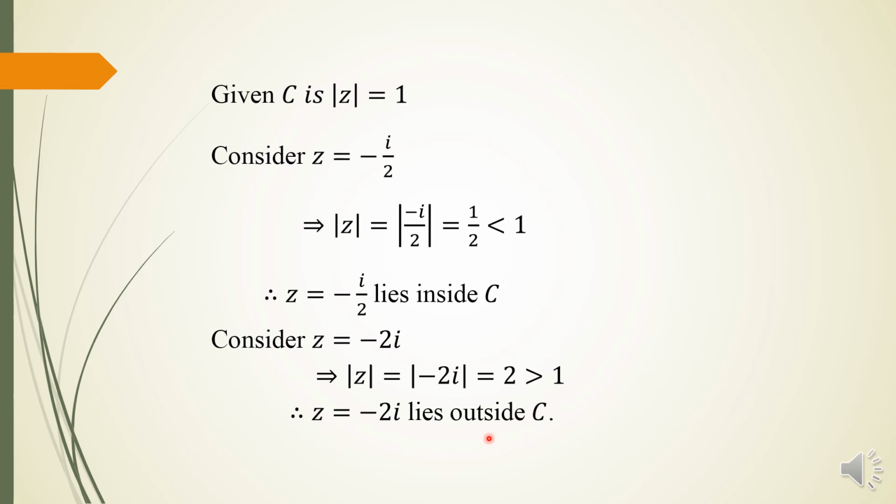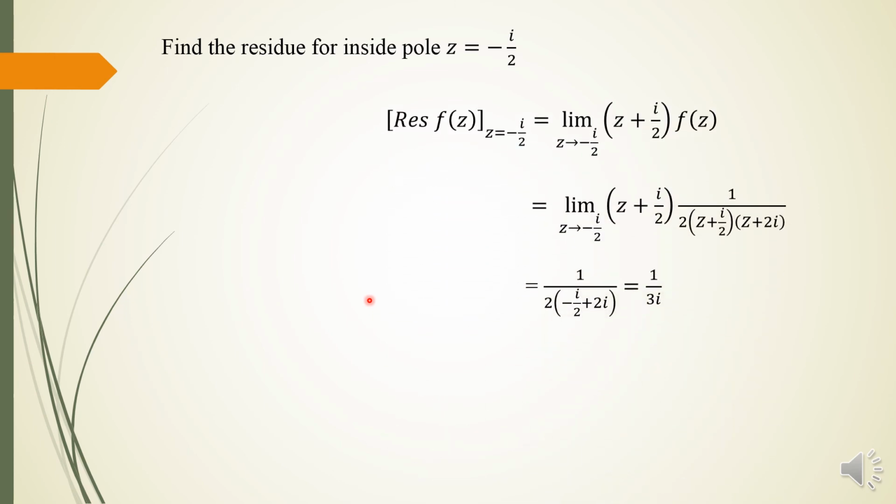For the outside pole, the residue value is 0. So next we calculate the residue for the inside pole z equal to minus i by 2. It is a pole of order 1. So the residue of f of z at z equal to minus i by 2 is limit z tends to minus i by 2 of (z plus i by 2) into f of z.